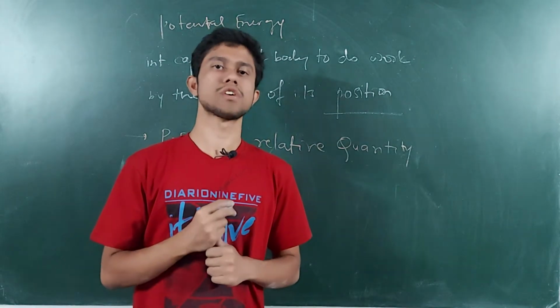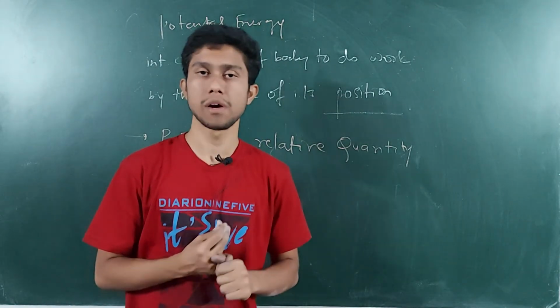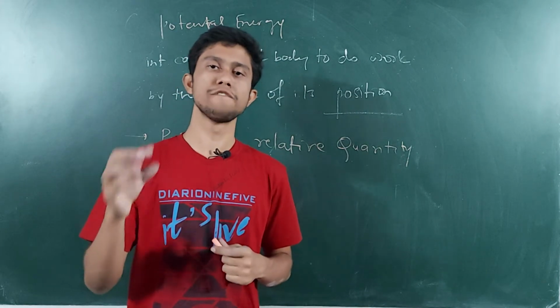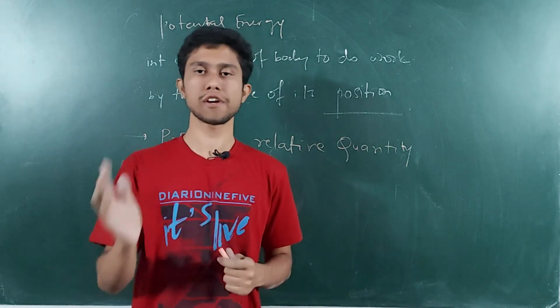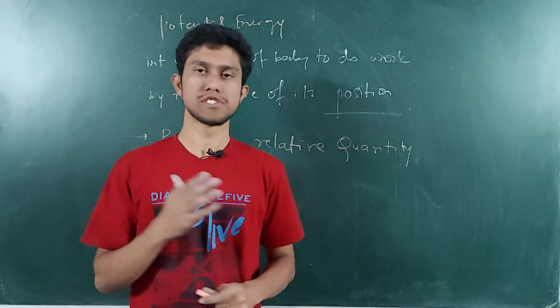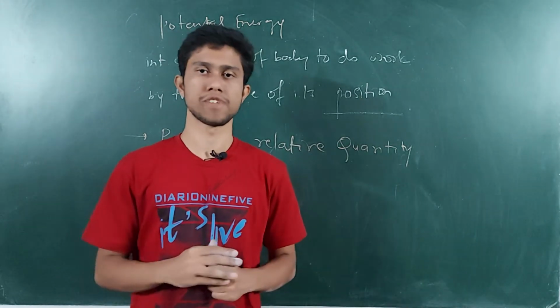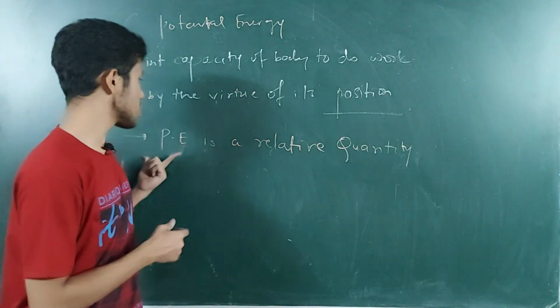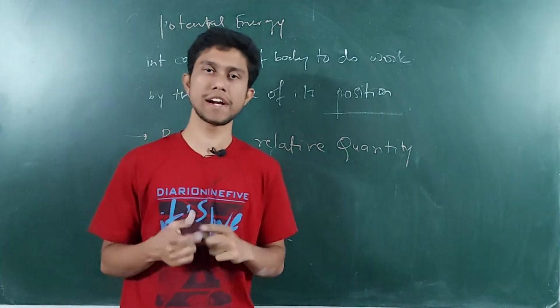The question is wrong because it is incomplete. I have to ask what is the potential energy of a body or object with respect to some surface or with respect to ground. So this "with respect to" is a very important term because potential energy in itself is a relative quantity.